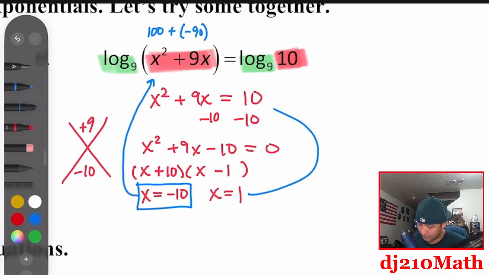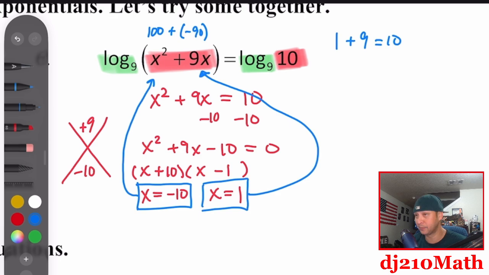If I plug in 1, I get 1 squared is 1, plus 9 times 1 is 9, which is 10. So this one also works. So both of these solutions are true.